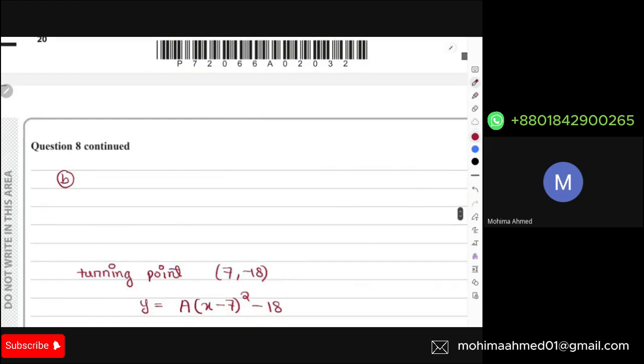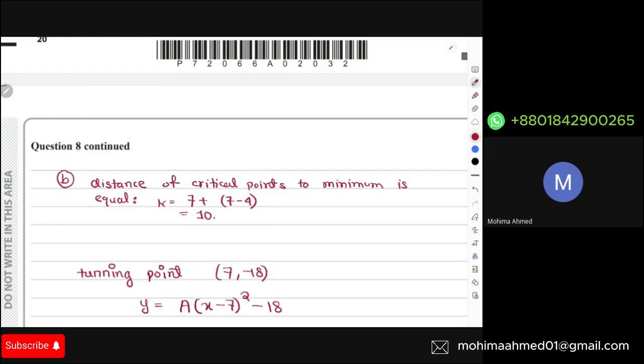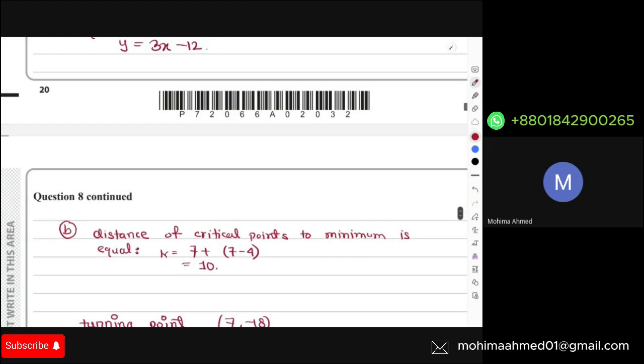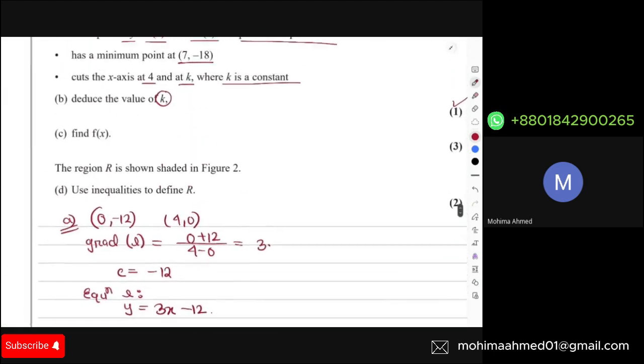But for part B, if you want to write something, then you can say the distance of the minimum is equal, and then k becomes 7 plus 7 minus 4, which is basically 10. So that's how you get the value for your k. That was everything you need to do for part B.